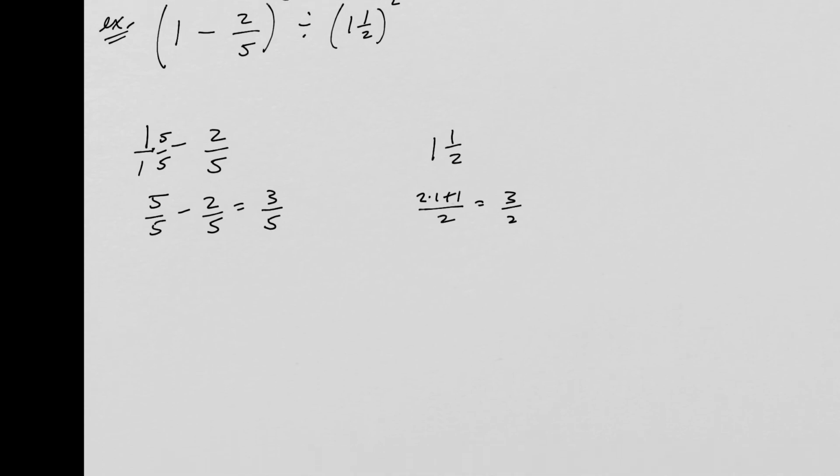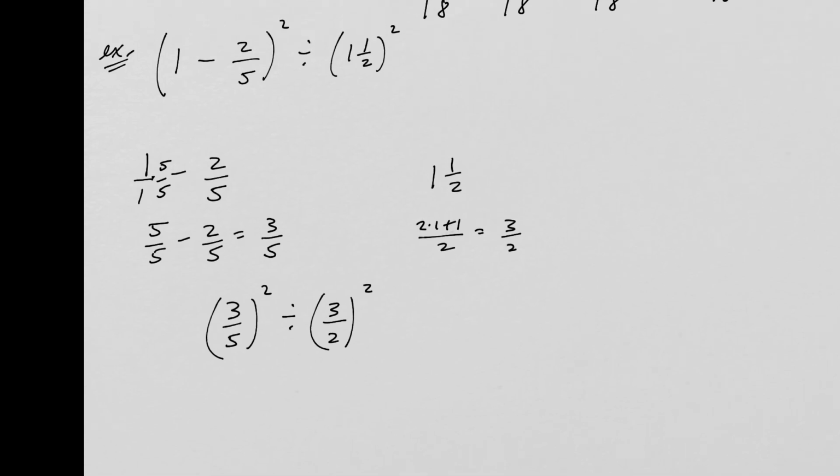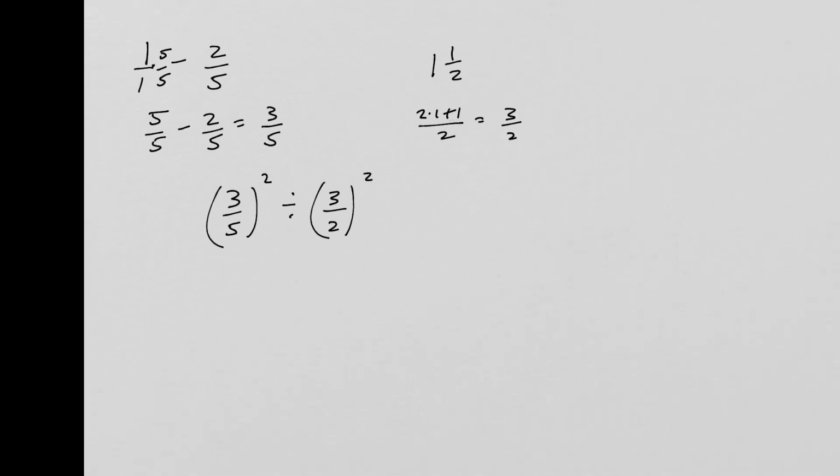So now this problem becomes 3/5 squared divided by 3/2 squared. Oops, I wrote that down wrong here. Divided by 3/2 squared. Right, so 3/5 squared divided by 3/2 squared. But what does it mean to square the numbers? I'll do it on the side over here.